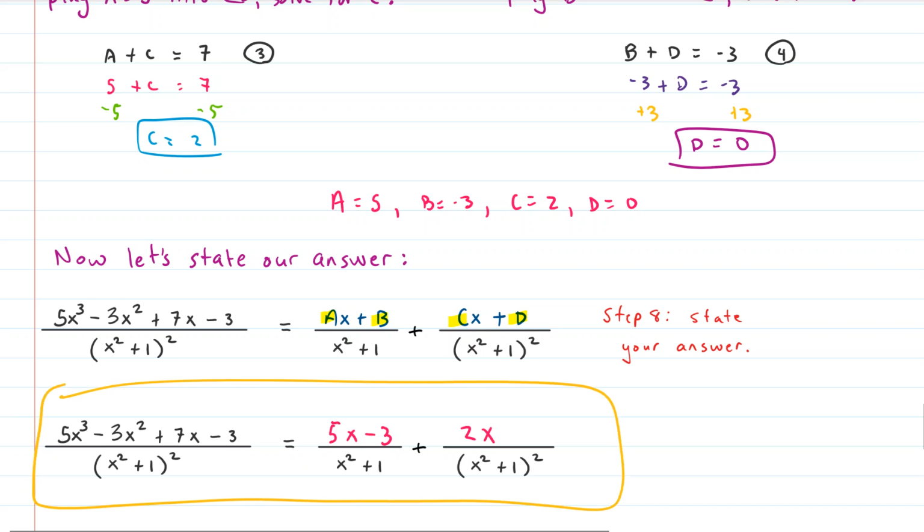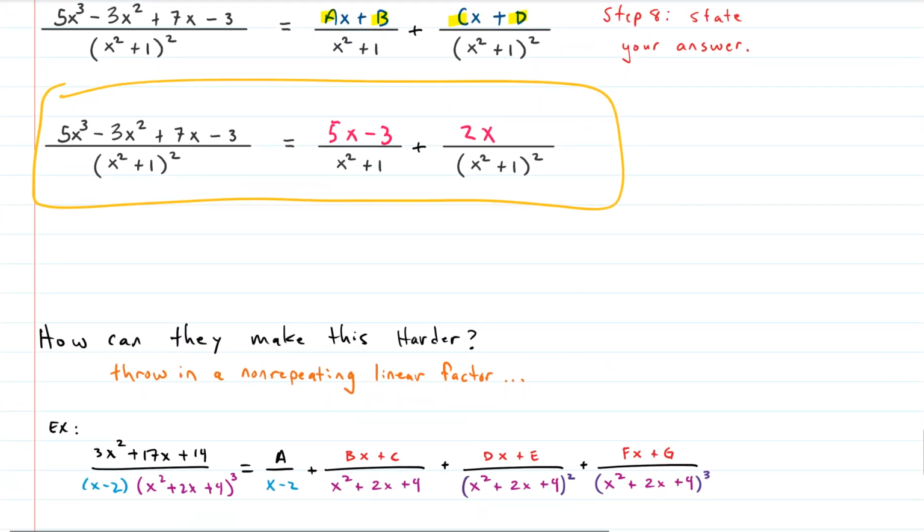We've just decomposed 5x cubed minus 3x squared plus 7x minus 3 all over quantity x squared plus 1 all squared. We've decomposed that into 2 smaller fractions that are added together. 5x minus 3 over x squared plus 1 and 2x over x squared plus 1 quantity squared.